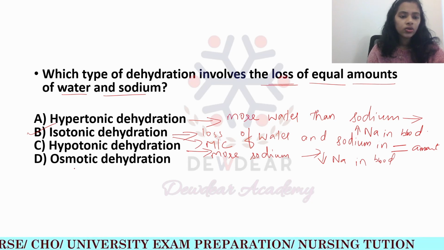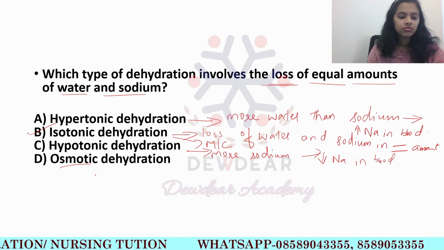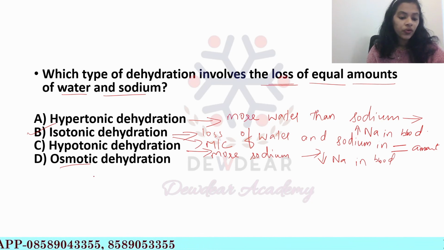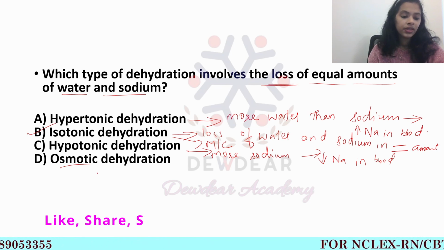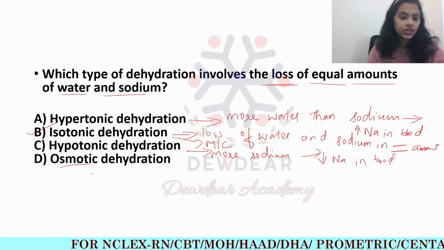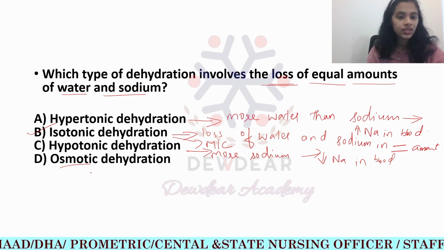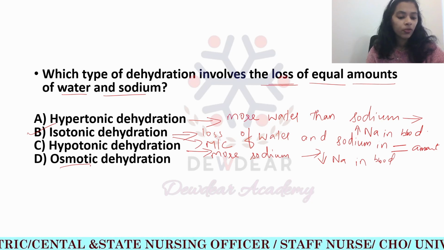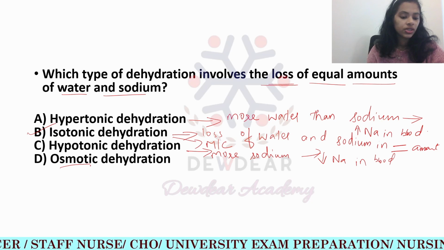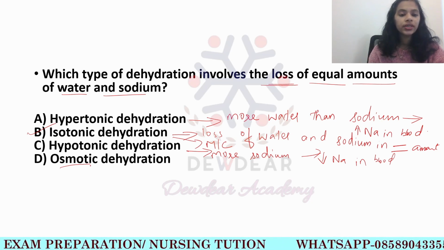Then the last is osmotic dehydration. What is osmotic dehydration? This occurs occasionally, where fluid shifts influenced by osmotic gradients are mainly responsible, for example in uncontrolled diabetes, which leads to osmotic diuresis. But we cannot consider this a standard type of dehydration. The standard types of dehydration are hypertonic, isotonic and hypotonic.